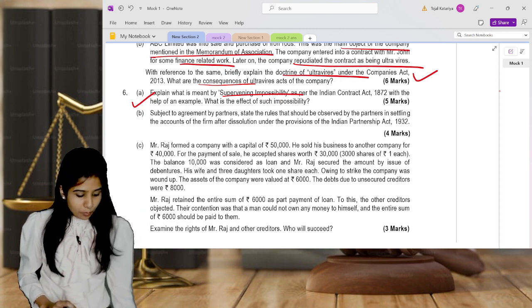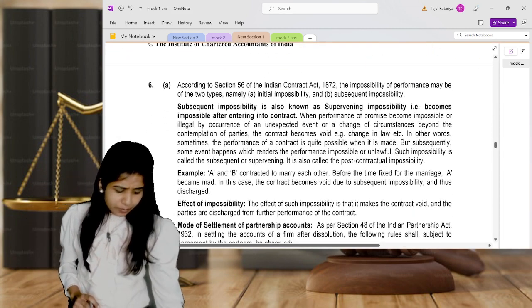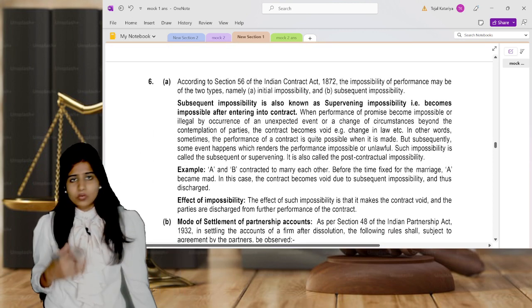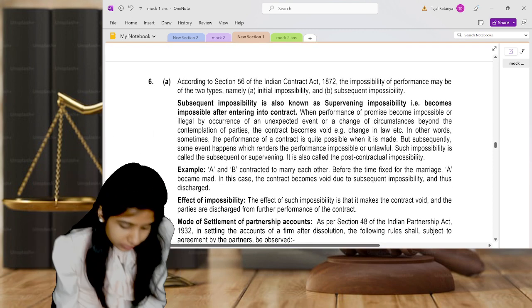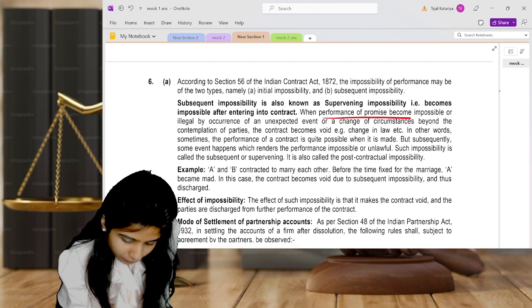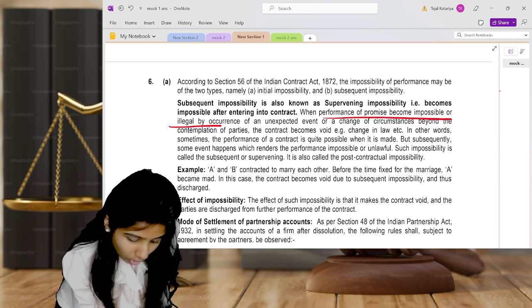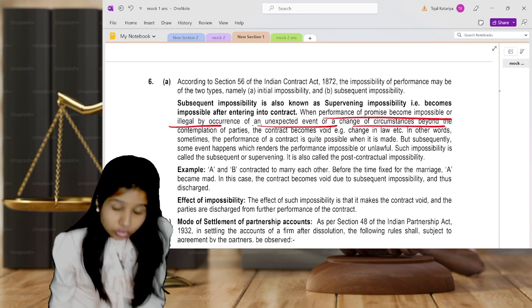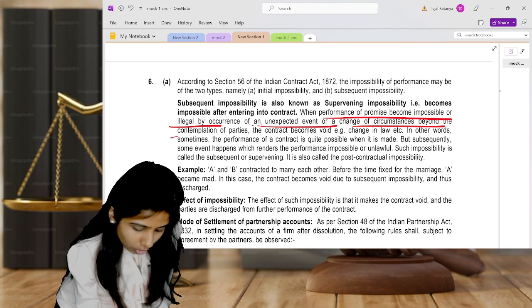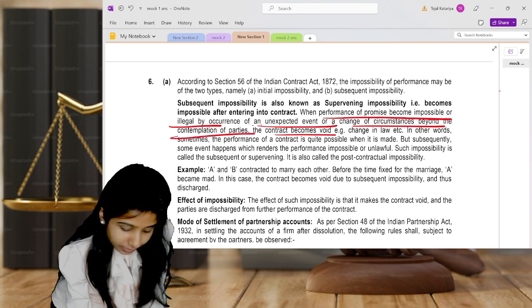That is supervening impossibility. You can write whatever example you want, but the important words are: when the performance of a promise becomes impossible or illegal because of some events, or because of some law or the contemplation of the party, it becomes void.